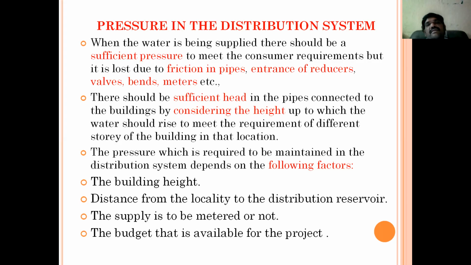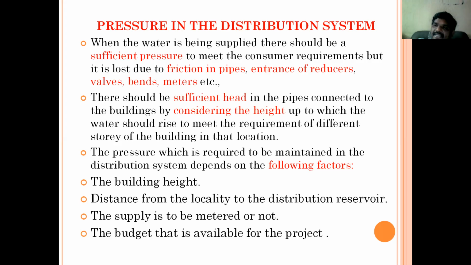Because when the water is being supplied, there should be sufficient pressure to meet the consumer requirements, but it is less because of friction in pipes, valves, bends, and even sometimes meters.